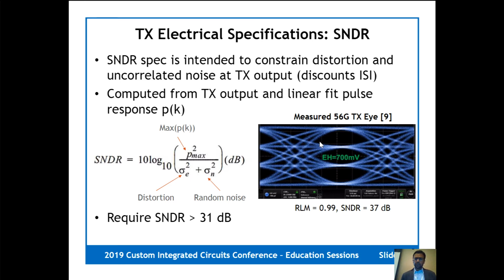The picture here is an example presented at IEEE last year, of one of the 56 gig LR SerDes designs. It shows the RLM and SNDR they've been able to achieve in their 7 nanometer design. It's significantly better than what the specs require, and that's usually needed in order to close the budget in high loss channel scenarios.